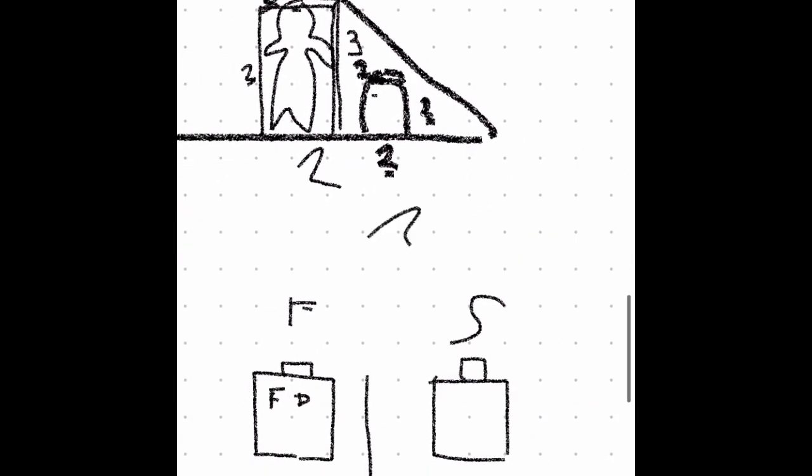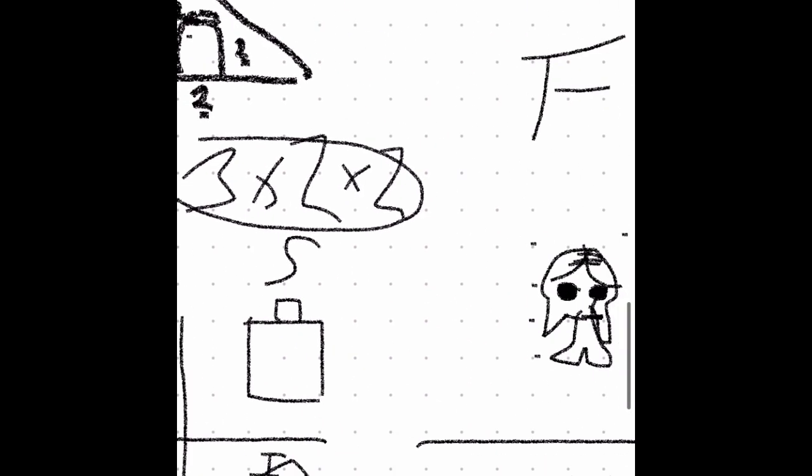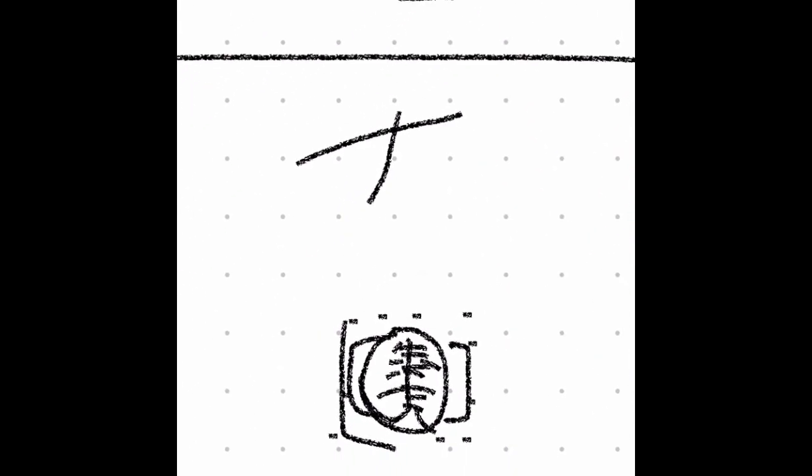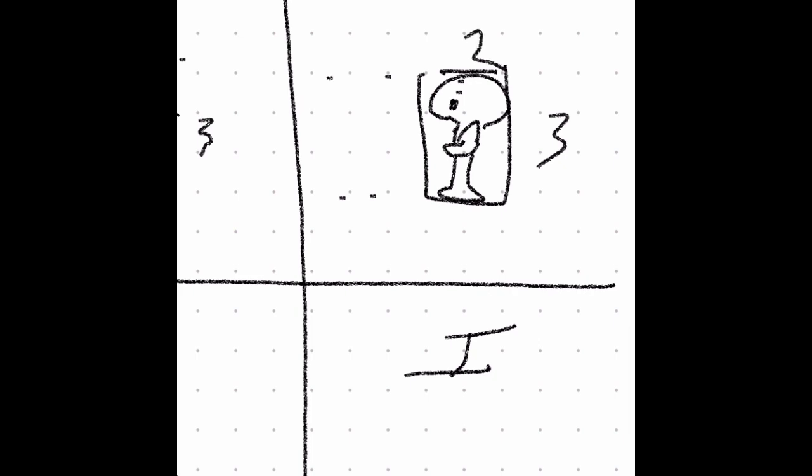So 3 height by 2 length by 2 width. She's 2 across, 3 height, 2 across. In the top view, we only see 2 by 2 because we don't see the height. But here we see 3 and we see 2.